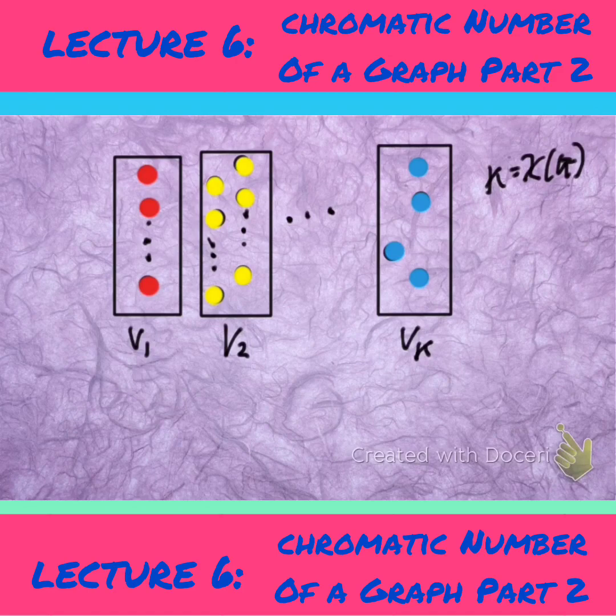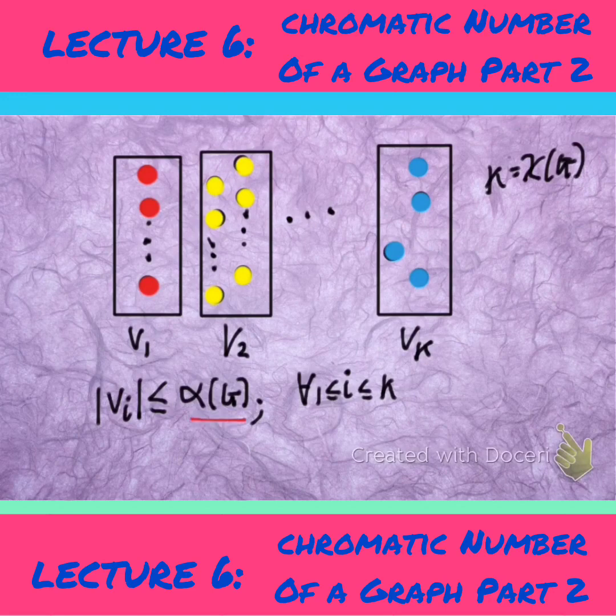So let's observe the following. Each color class has cardinality at most the independence number. This is obvious because each one of these color classes is an independent set, and alpha of G is the size of the largest independent set. So these cardinalities are always less than or equal to the independence number.